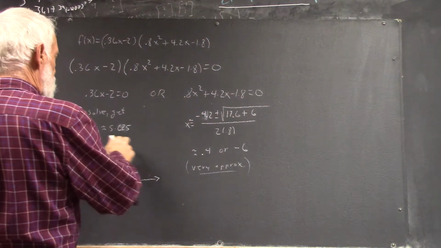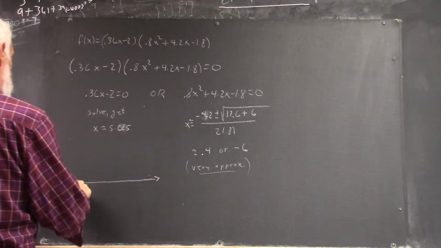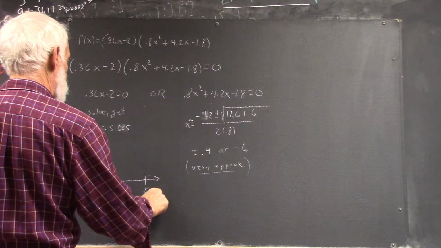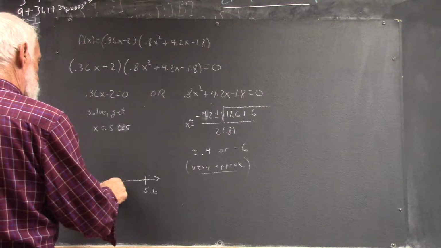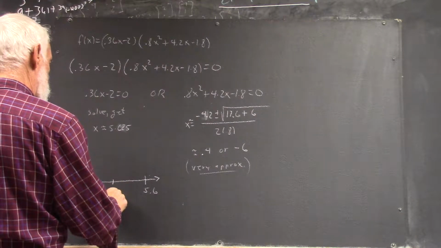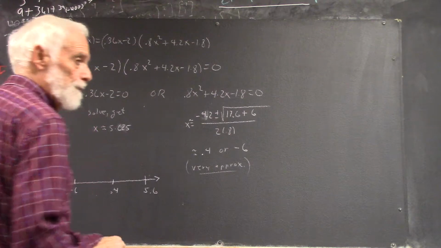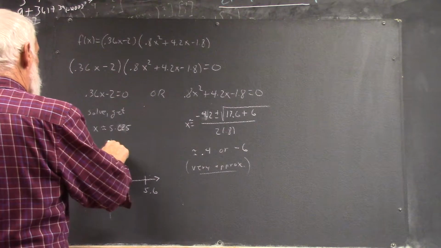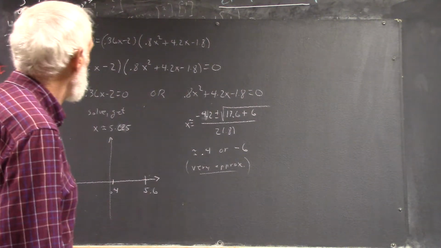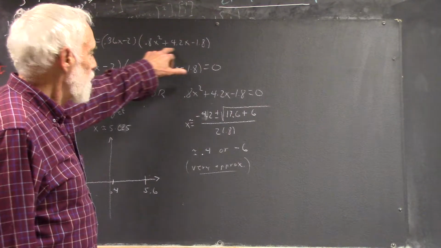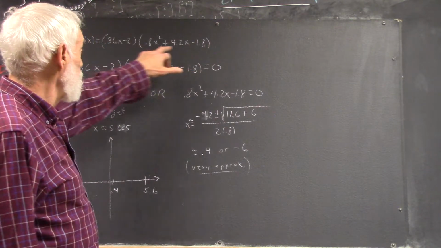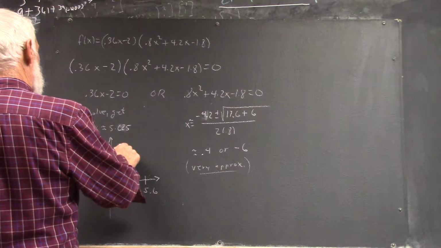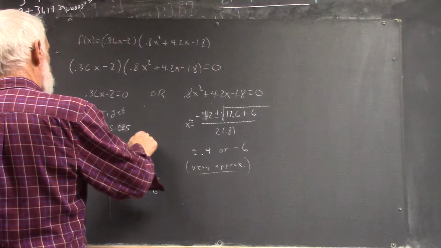Your zeros are at negative 6, 5.625, so we'll just say 5.6, even though we can do that one exactly, assuming I did it right, and 0.4. And then you have a y-axis with the y-intercept. And the y-intercept, well, everything's got an x on it, it's going to give you 0, so you're going to have negative 2 times negative 1.8. So that would be 0, 3.6.